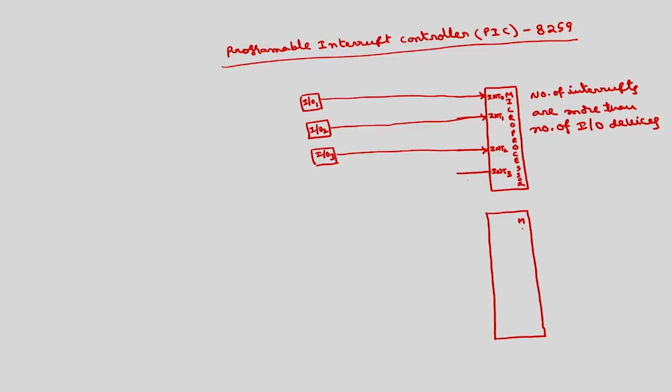Now take the second case, where the number of IO devices is more than the number of interrupts. Suppose I have only 2 interrupts and, say, 4 IO devices.